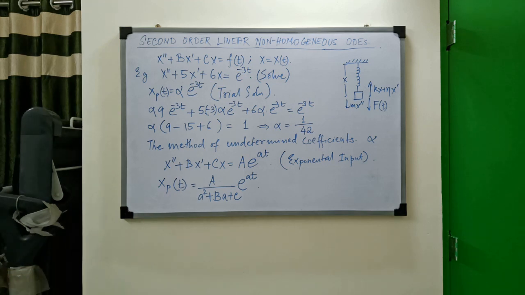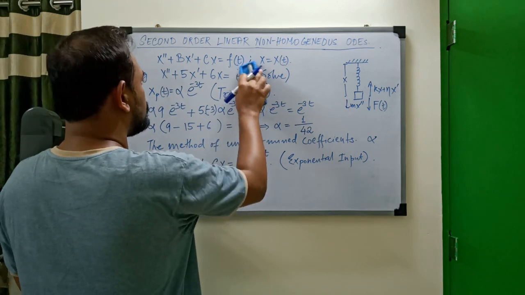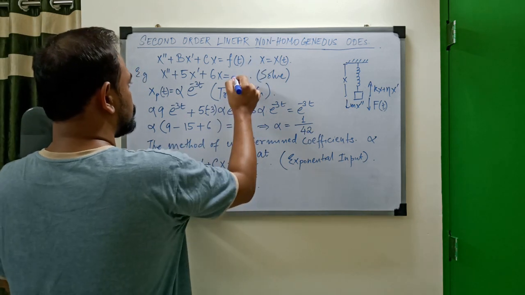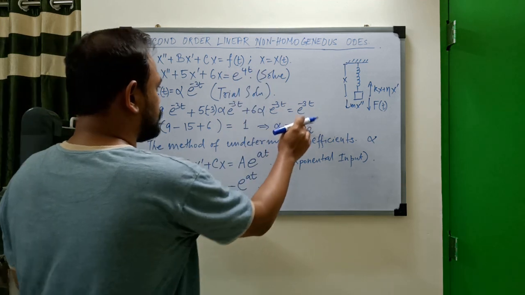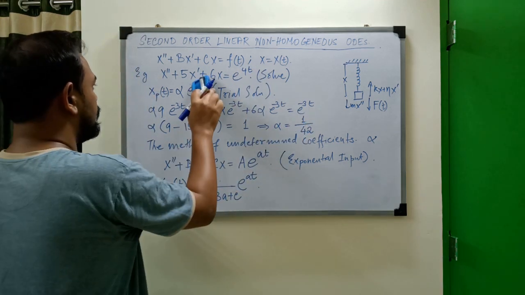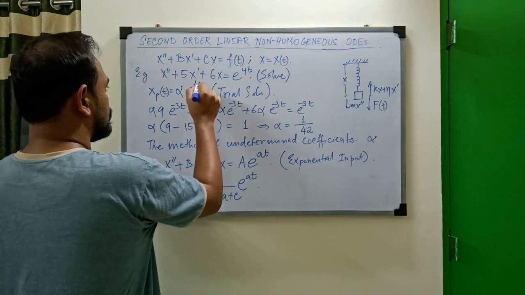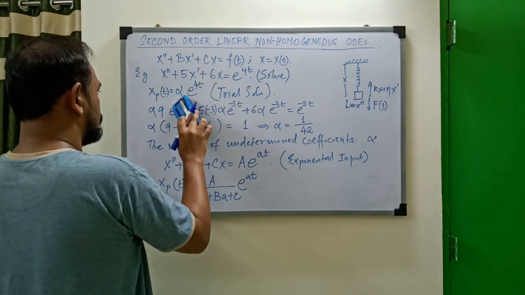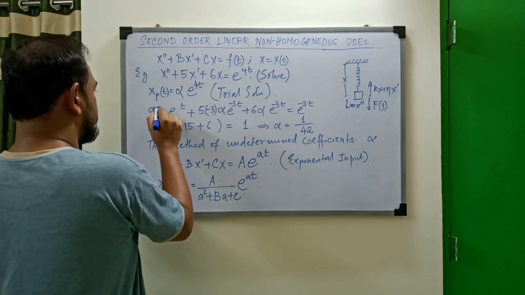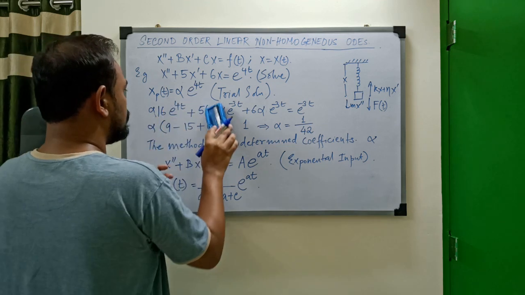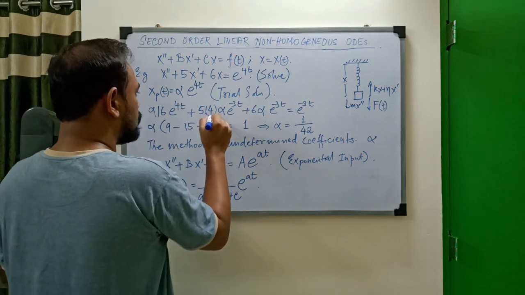Let's just go back to what we did. So this was the one where we could find 1 by 42. Here, there was 16 and there was a 4. There was 4.